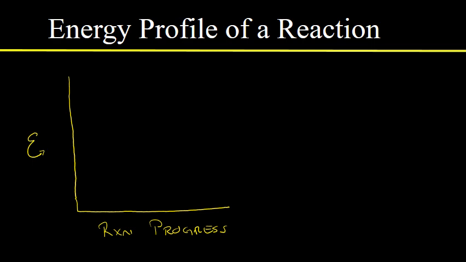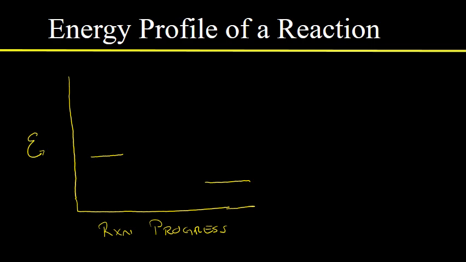So for any generic reaction, we're going to start with the reactants here, which have some particular energy, measured on that y-coordinate, and then the products here. In this particular case, let's go ahead and put in our reactants and products.